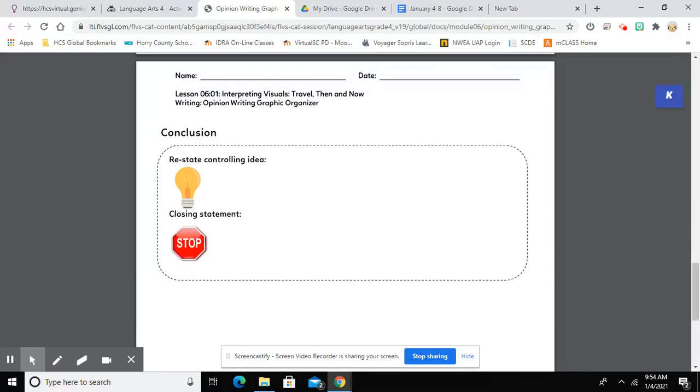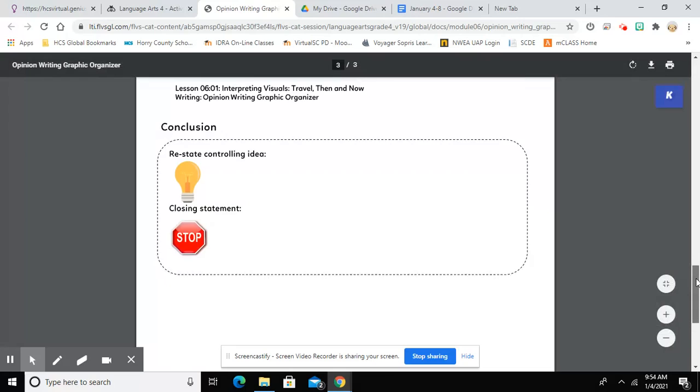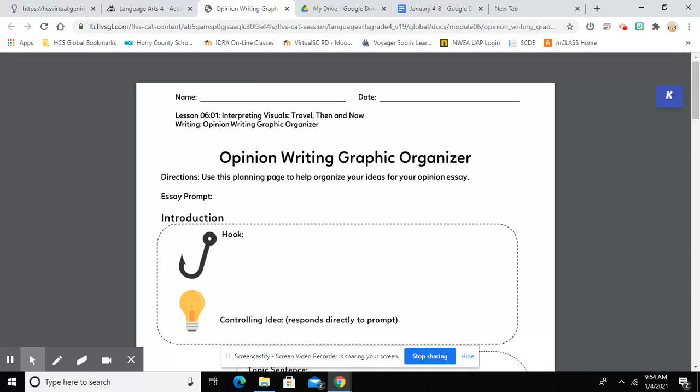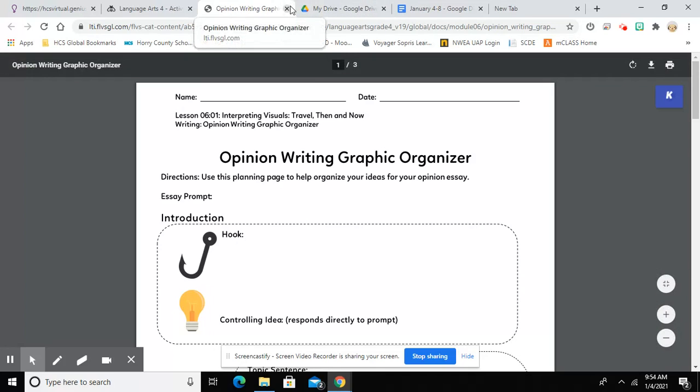And finally your conclusion, which is wrapping up your writing. Restate your controlling idea and write your finishing closing sentence. This piece of paper is what you're going to be turning in to me by the end of the week.